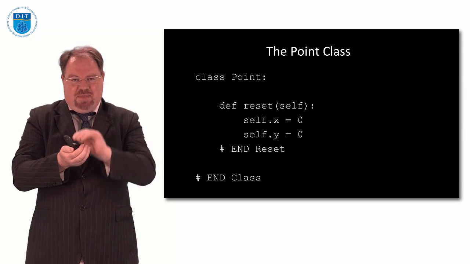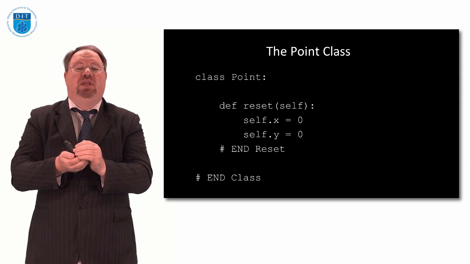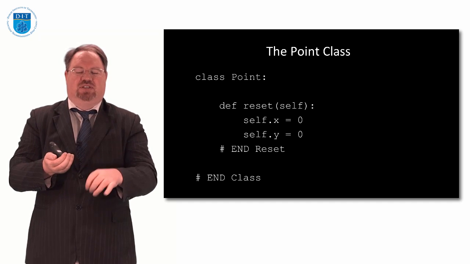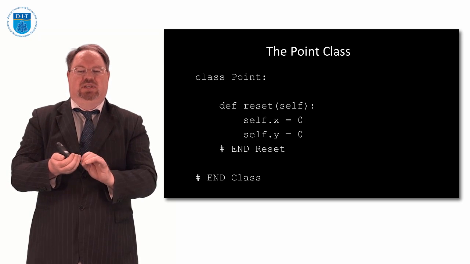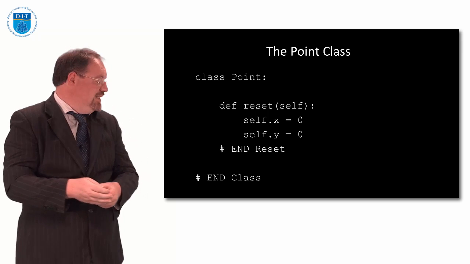Then we've added in a method, which means if I'm thinking of P1 or P2, any object of type point, and I say P1.reset, the values in P1 will be overwritten, x and y, and they'll be set to 0.